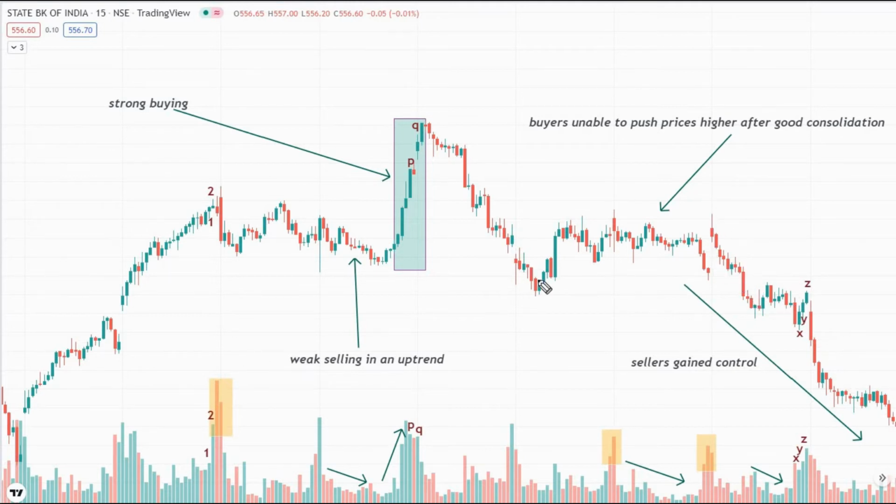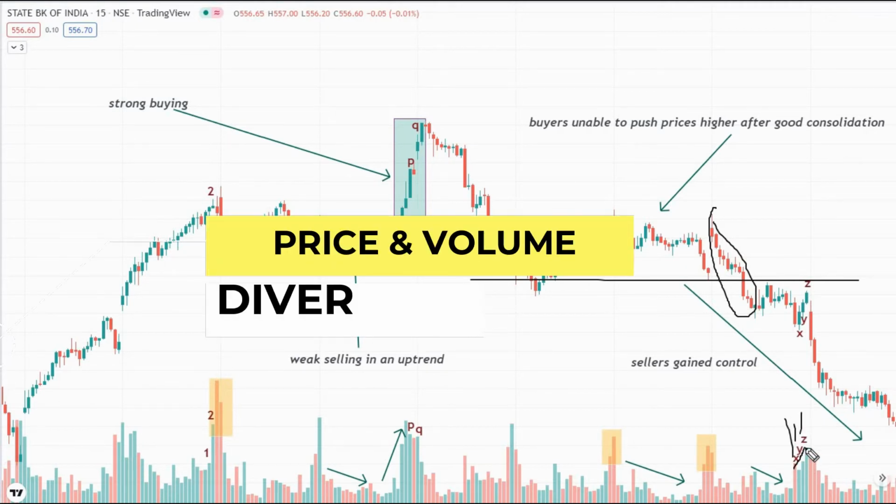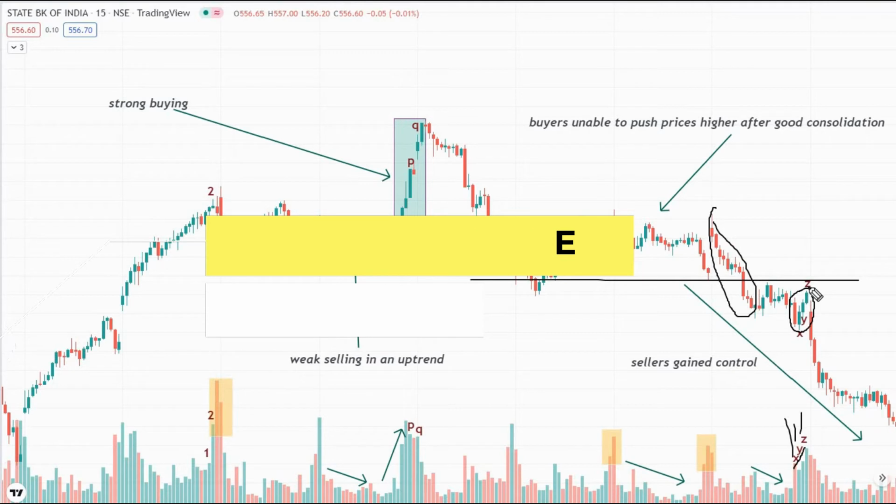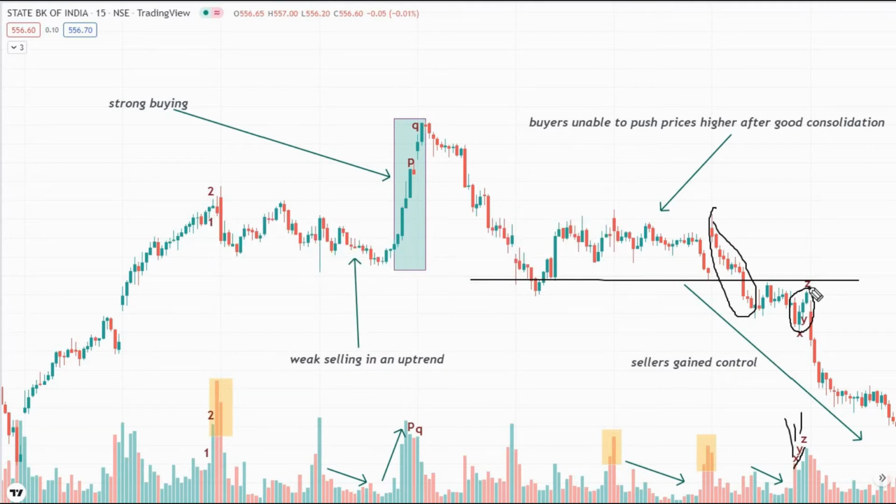Now after this strong selling pressure, there is again a price and volume divergence. See, at X, Y and Z, volumes have increased, but the spreads are almost the same in these three buying candles. So what is this indicating?